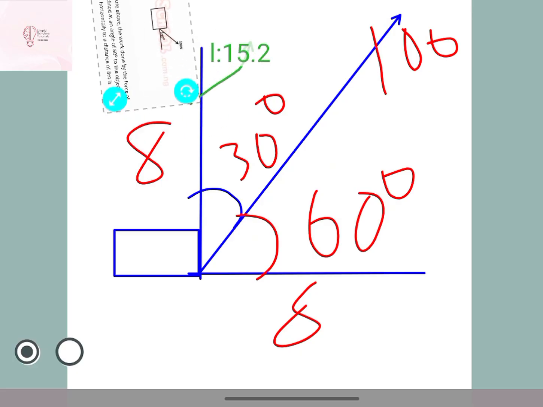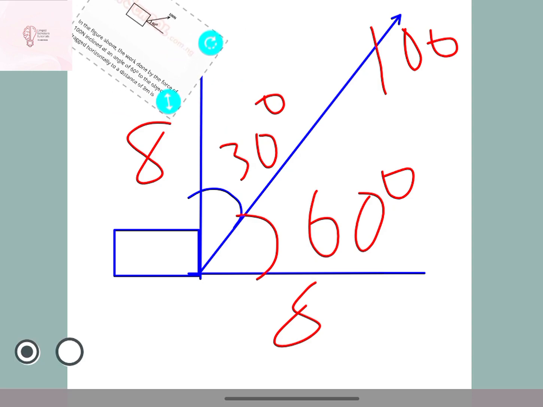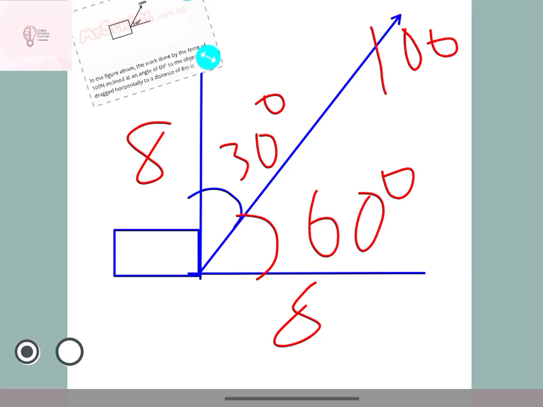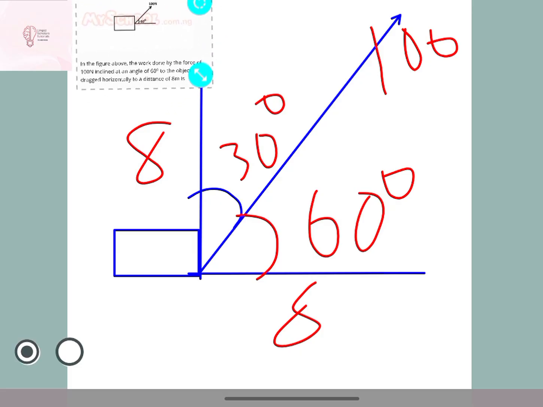They asked us to find the work done on an inclined plane at an angle theta to the vertical, not to the horizontal. Okay, to the vertical. They asked us to find the work done, and the angle is to the vertical. This is going to be what?